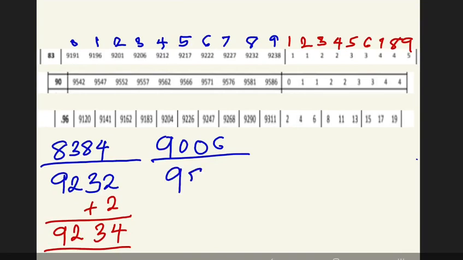Then the difference of 6, if I count 1, 2, 3, 4, 5, 6, is 3. You add it together to have 5, 4, 5, 9. So the logarithm will be 9545.